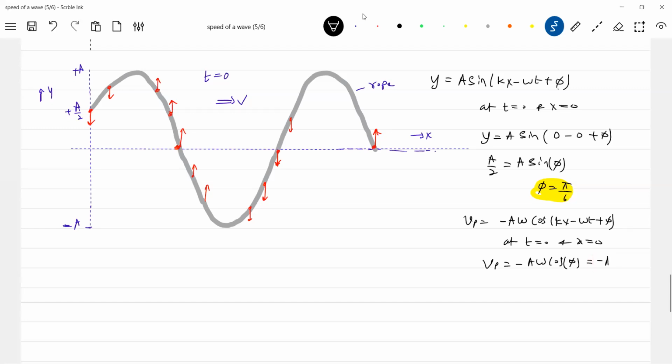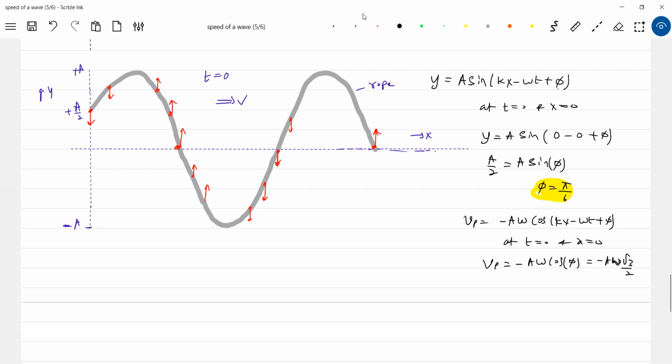So cos 30 will give minus a omega root 3 by 2. Cos of 30 degrees is root 3 by 2. And we are very sure the particle is not at mean position, otherwise it would have maximum speed. We got negative, and we know that this particle will be moving down. Getting the idea? So is it justified?